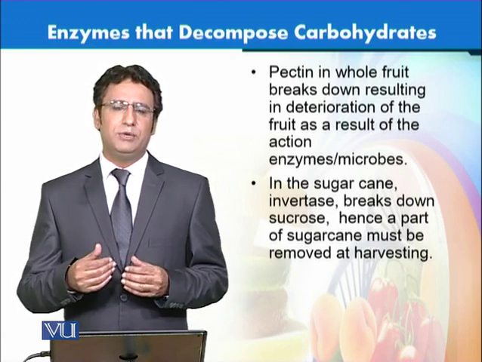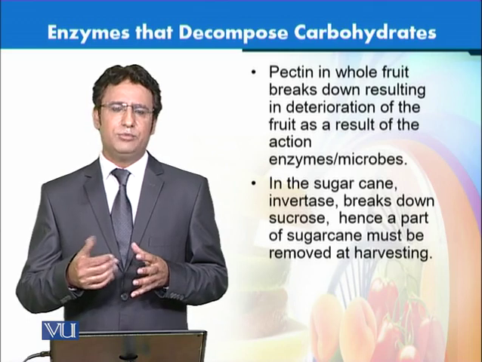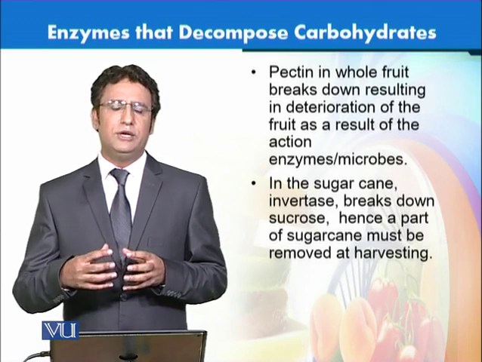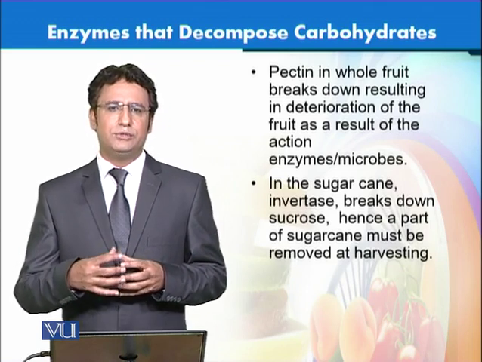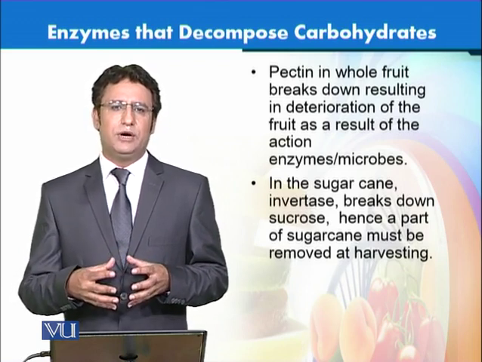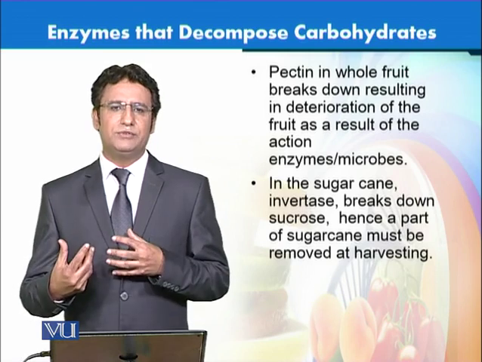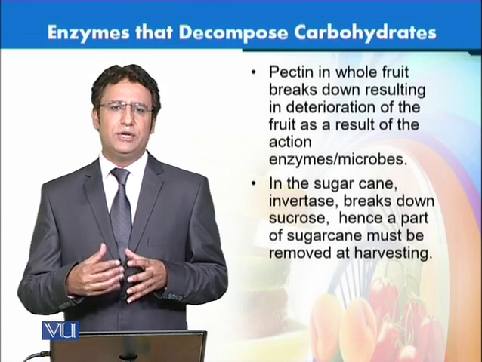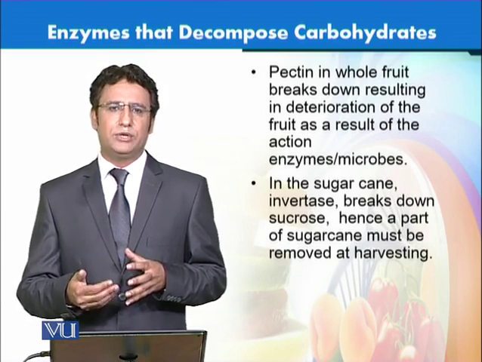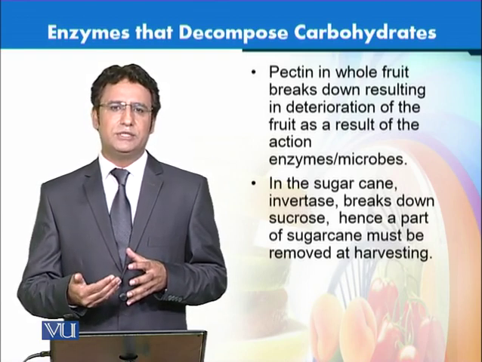So the sucrose content or sugar content of the sugarcane would be reduced, which is not a desirable outcome for an industrial operation where we have to crush the sugarcane to make sucrose. So it would actually reduce the yield of the sugarcane crop when the invertase acts.